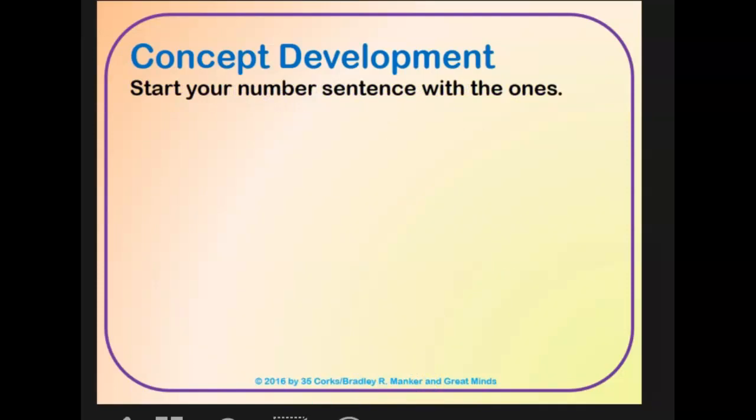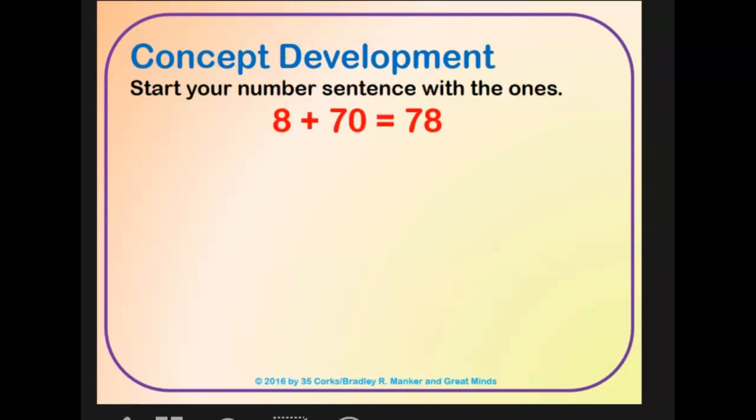So here we go. And you guys know that we can take our parts and switch them, right? It doesn't have to go part plus part in one order. So if I were going to write this as a number sentence with my 1s first, my 1s was what? 8 plus my 10s, 70 equals what? 78.